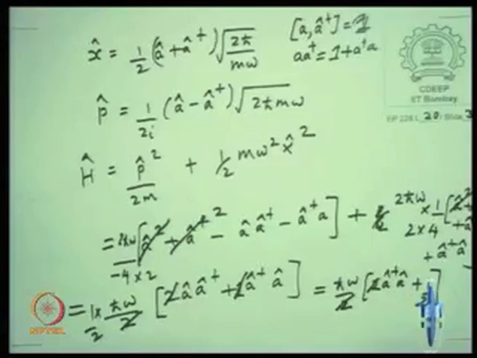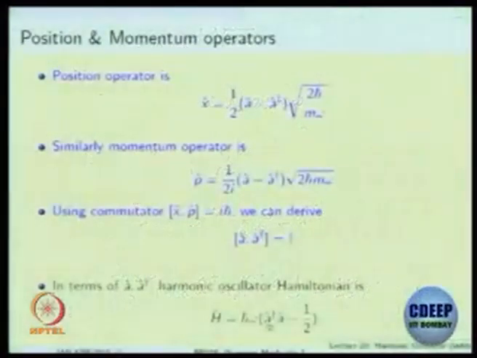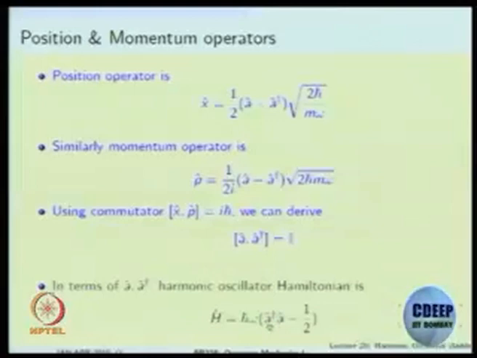Clear? So the Hamiltonian finally turns out, after the simplification, to be in units of h cross omega. That's also a check: dimensions of Hamiltonian, multiplied by dimensionless operators.